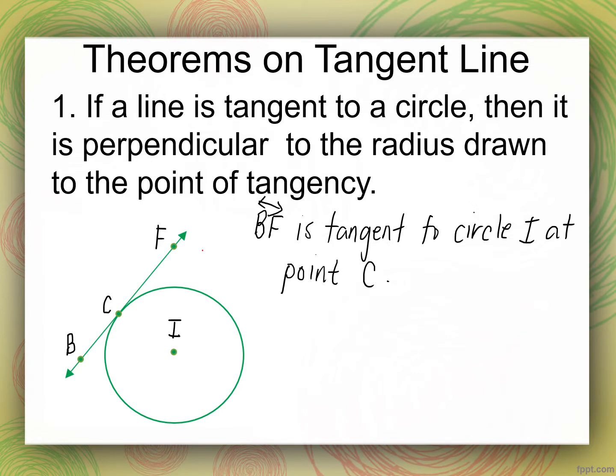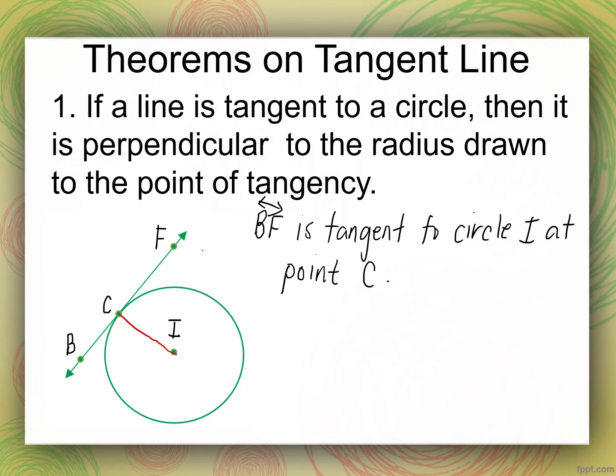Okay, now if we connect point C to the center of your circle, let's make a line connecting them. So we form, of course, this would be our radius, right? CI is a radius. So we form a radius that is perpendicular to the tangent line.